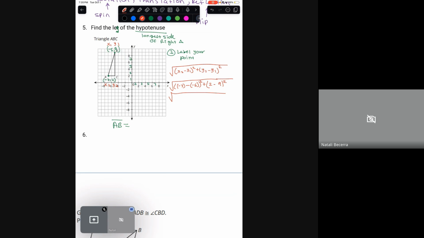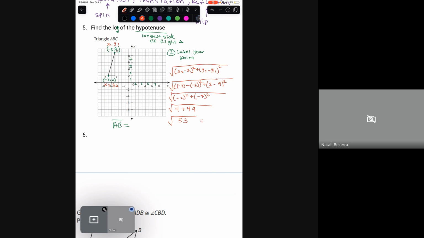Okay, so negative 7 minus negative 5 is the same thing as negative 7 plus 5. So I get negative 2 squared. 2 minus 9 is negative 7 squared. And negative 2 squared is 4. Negative 7 squared is 49. 49 plus 4 is 53.